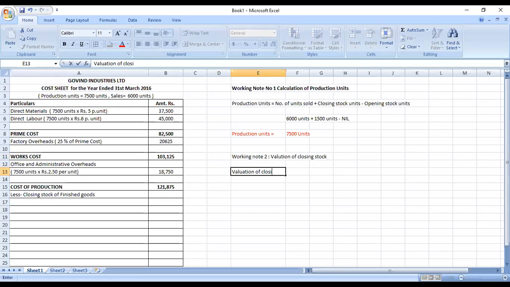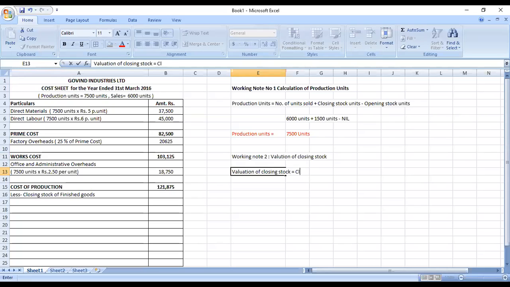I already explained it in your first topic, the preparation of the cost sheet. How do you value the closing stock of finished goods? Simple, the formula is very simple.